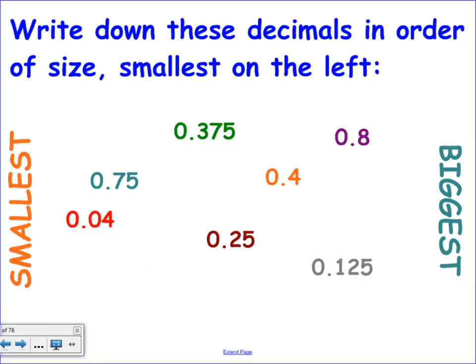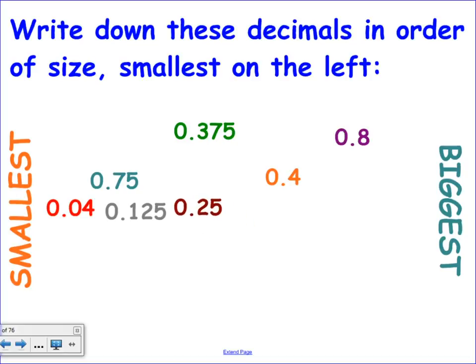So this is the smallest number because it's got no tenths and only 4 hundredths. Yeah? The next smallest. Good. 0.125 is next. Where should we go next? Good. 0.25. 0.375.